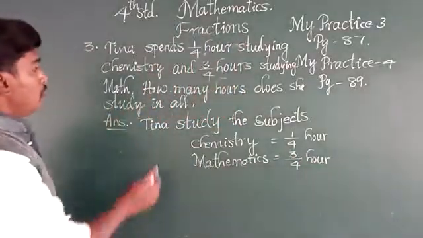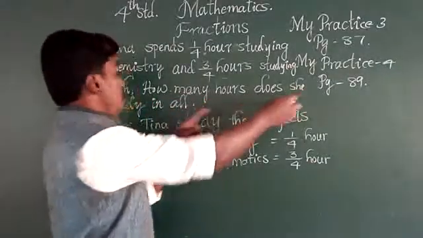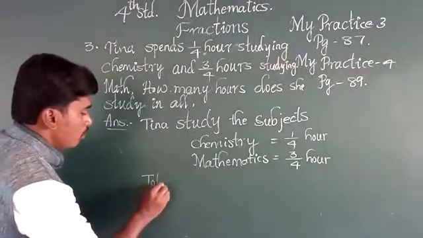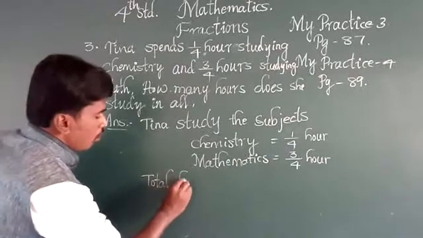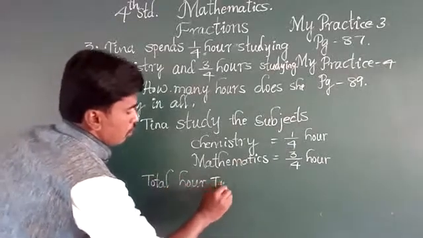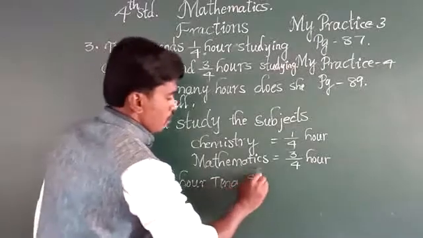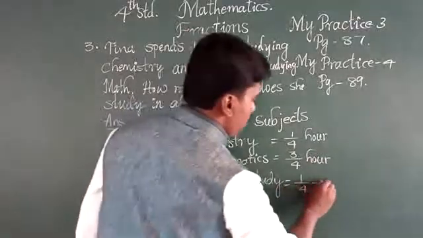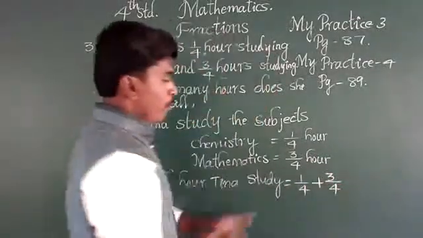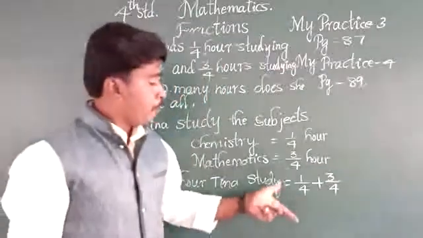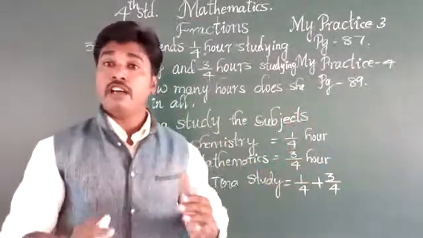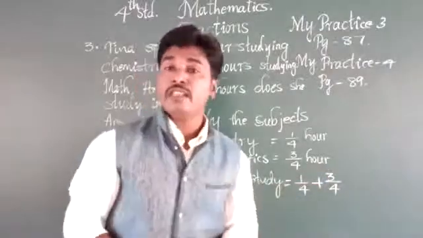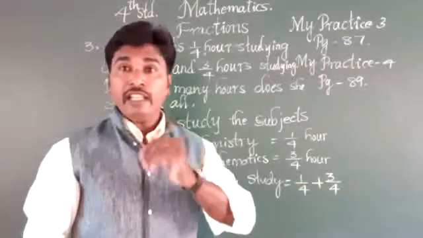Then how many hours does she study in all? Therefore, total hours Tina studied is equal to 1/4 plus 3/4. You add both so that you can get the total clearly. Dear children, these two fractions are like fractions, so you can add easily.